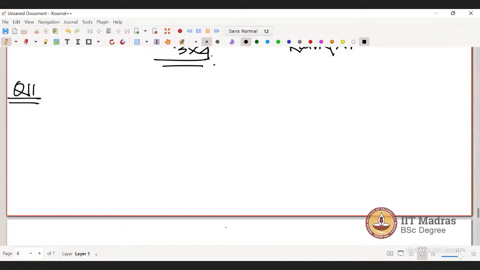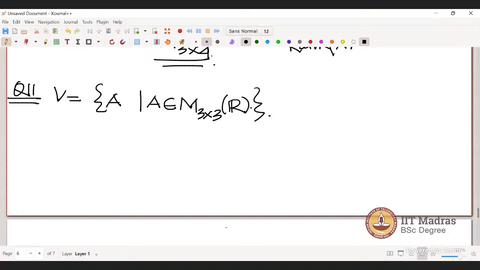So V is a vector space. It consists of 3 cross 3 matrices with some conditions: that A is an upper triangular matrix and the sum of the diagonal entries of the matrix is 0, right?